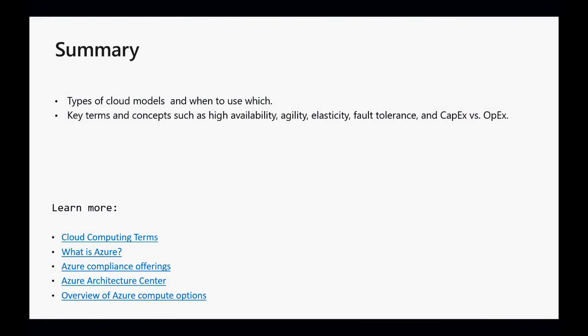Once you have this slide, please feel free to look at the cloud computing terms. Feel free to look at what Azure is. Try to understand and also ask questions if you need to. It's not a problem at all. Azure compliance offerings, Azure Architecture Center, Azure Compute Options. This is to help you understand exactly the offering by Azure.